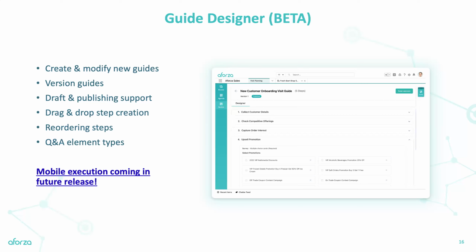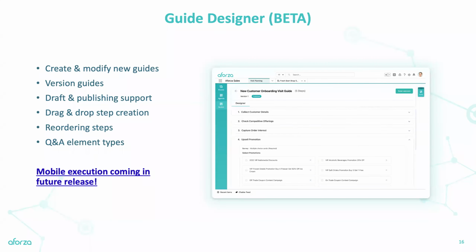They want to be able to say, every single field user has to go through these steps one by one, requiring this information be gathered. And if they don't do that, then the visit can't be completed. So very, very prescriptive. And this is what Guides is doing. It's allowing you to create these prescriptive processes that your users have to walk through, making sure that they understand exactly what they need to be doing at every step of the way.